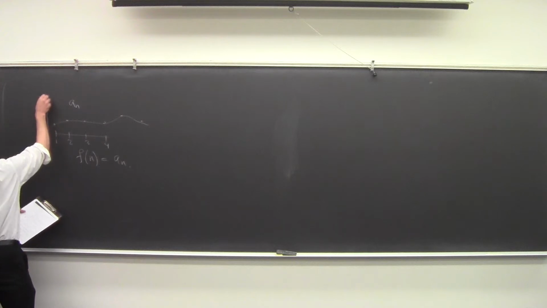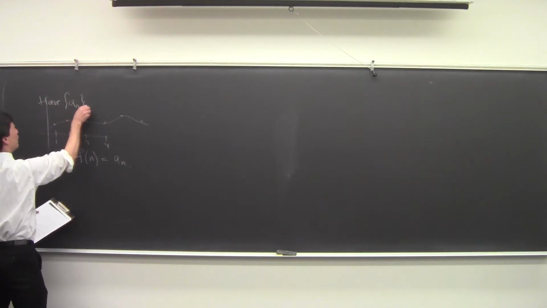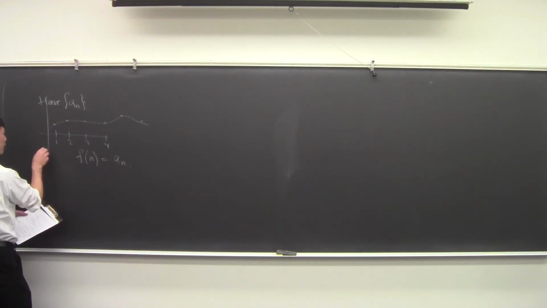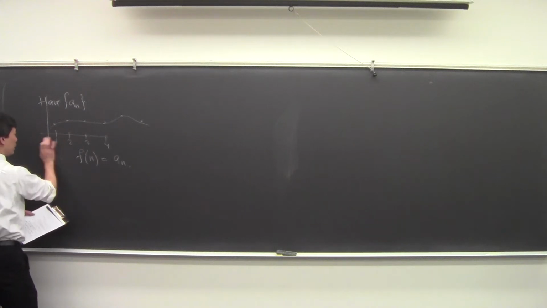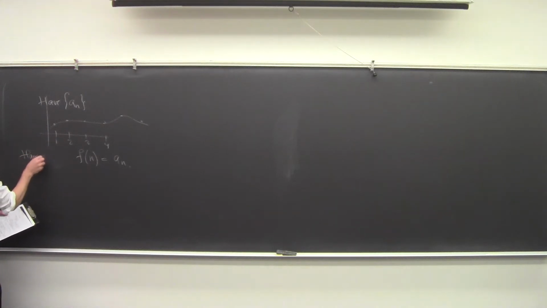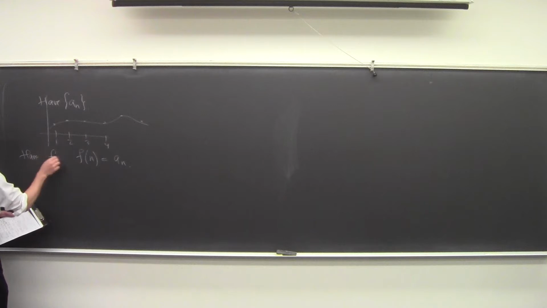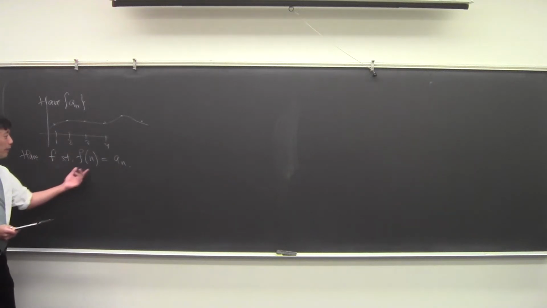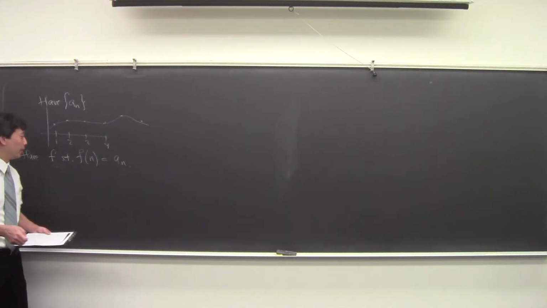So you have a sequence a sub n, but also you have a function f, and f of n is a sub n.